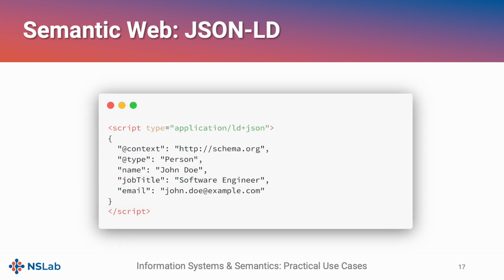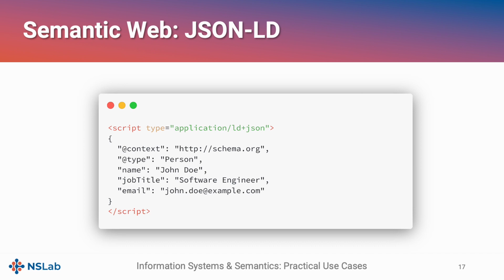The final one, and also quite a favorite these days, is just having some JSON-LD fragment as part of the HTML head. So in the HTML head you would have this script, and then you have just this blob of JSON-LD which describes some entity that is on the website.